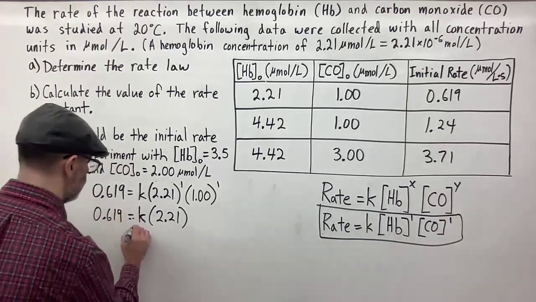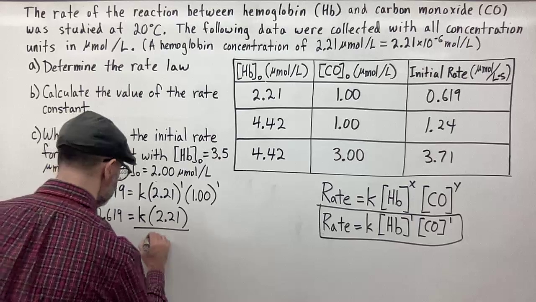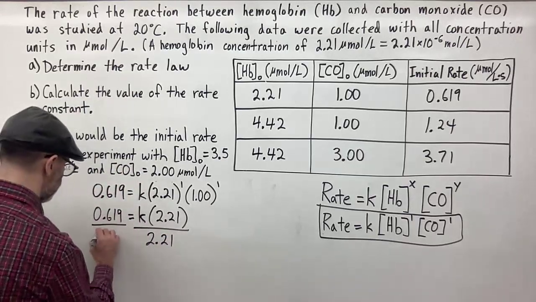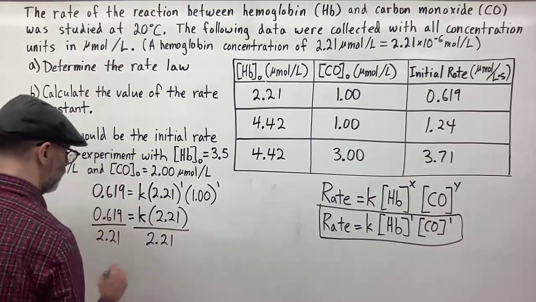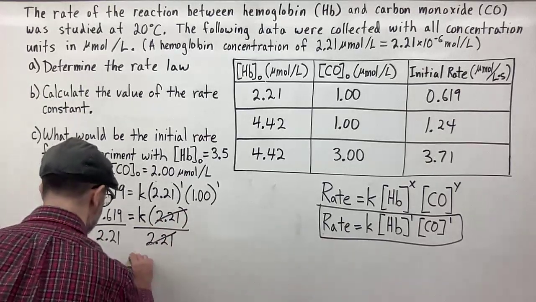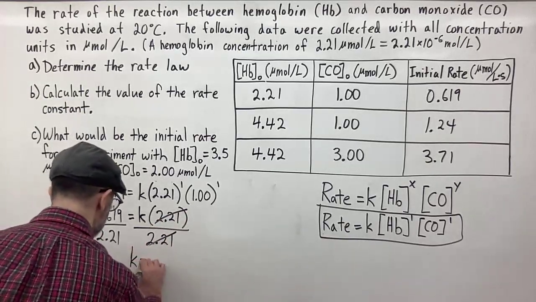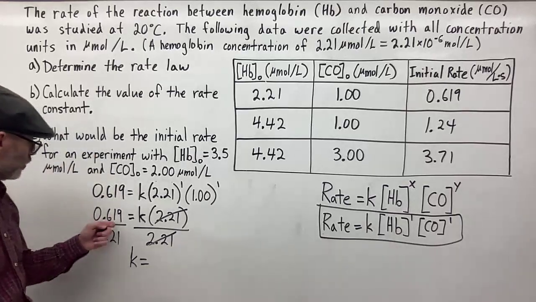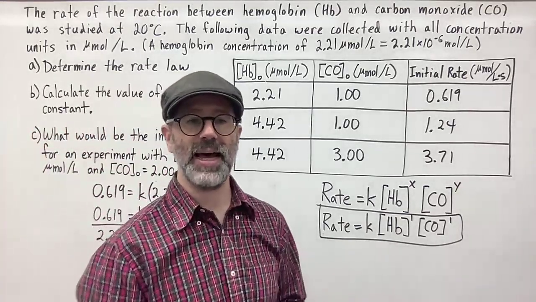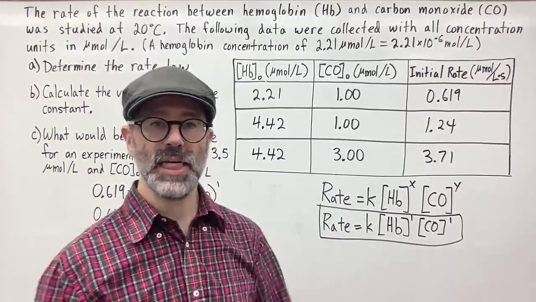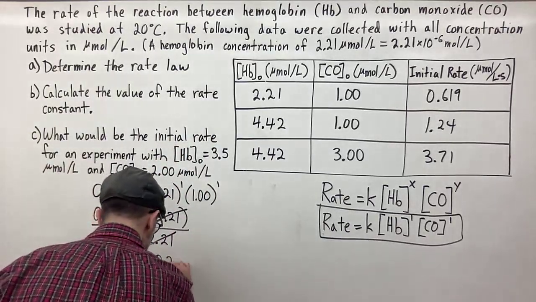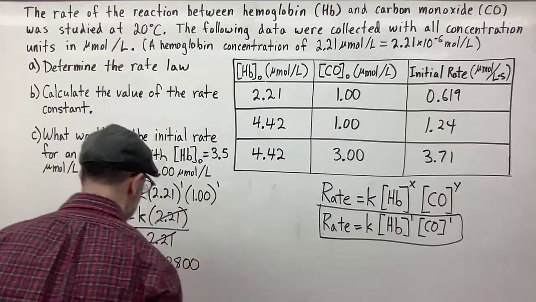And then we just divide by 2.21 on both sides. So that cancels out. And so K then is equal to 0.619 divided by 2.21. And when we calculate that, we get 0.2800.